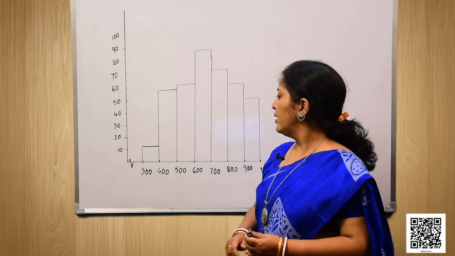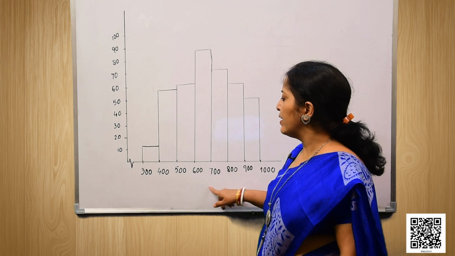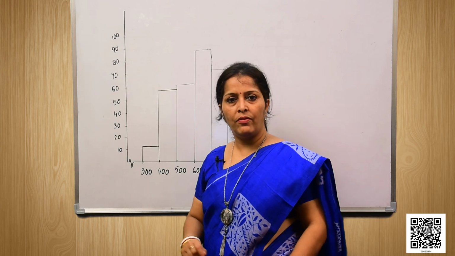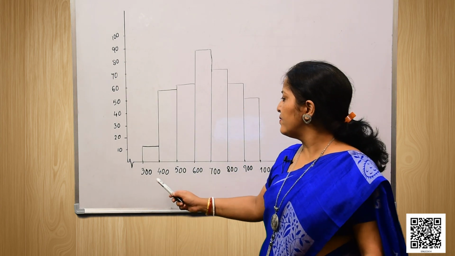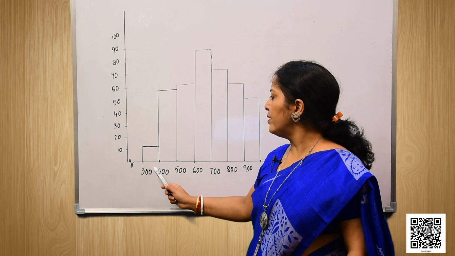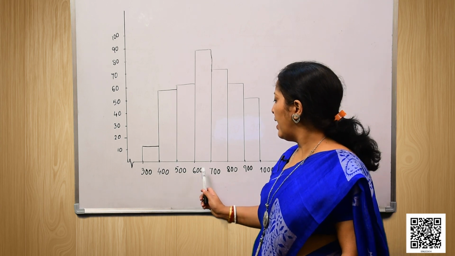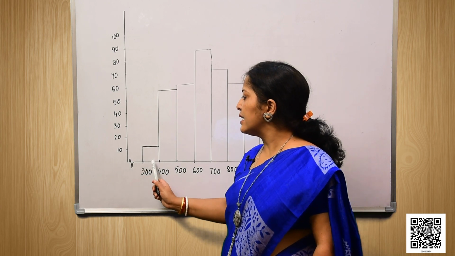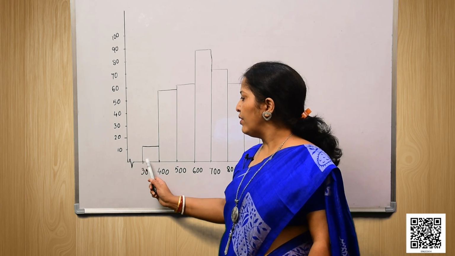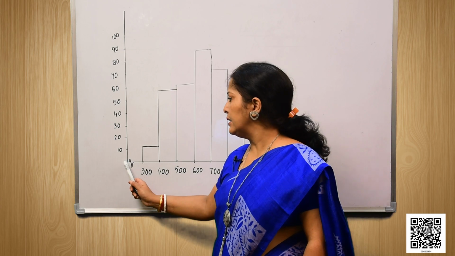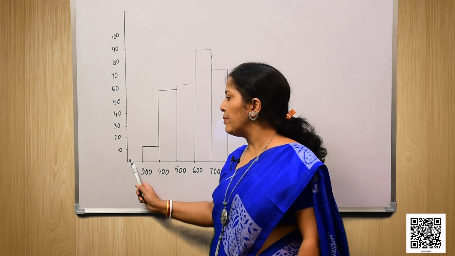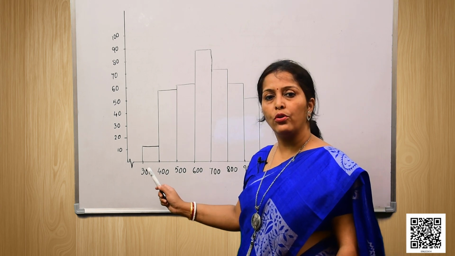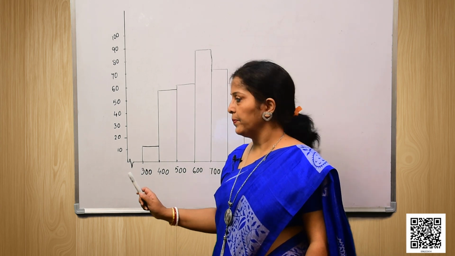So, here are the data, the class interval along the horizontal line and the frequency along the vertical line. The class interval starts from 300 to 400, then 400 to 500, until it is 1000. Now, since the width is not the same everywhere, it is 100 but here it is 0 to 300, we make a zigzag line here and then we draw the bars.